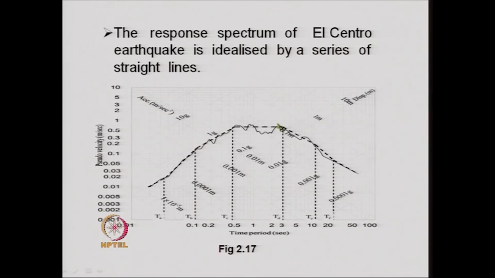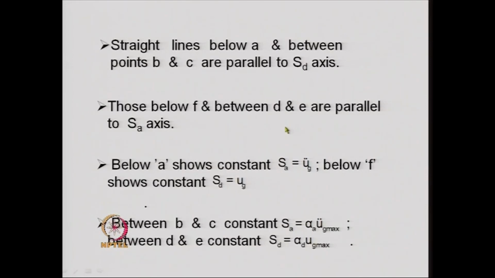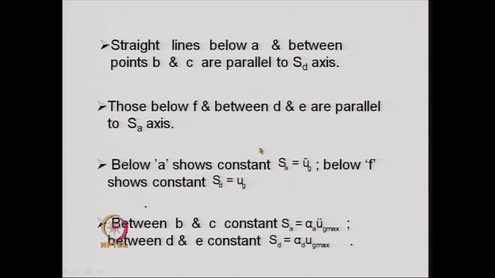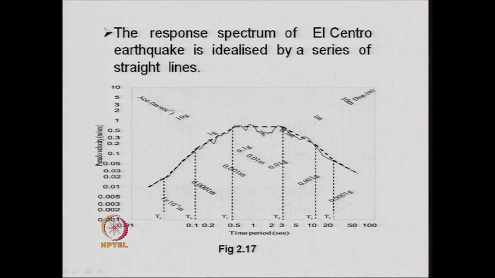So, the intermediate portion CD is directly related to the maximum velocity of ground motion and is most sensitive to the damping ratio, that is the horizontal portion. It is obviously most related to the velocity, and this is also found to be very sensitive to the damping ratio. That means, if we change the damping constant, we will find that in this range the response spectrum varies widely.